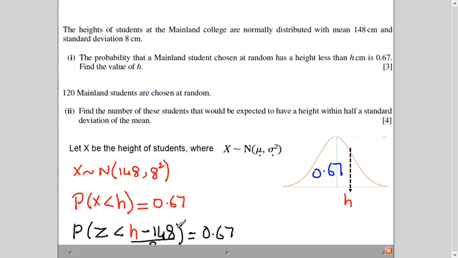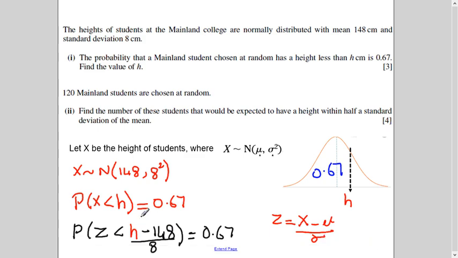And if you remember, the formula was z equals x minus mu divided by standard deviation, right? Whenever we change into the standard normal variable z, we use this formula. So this is my x value, this is my mean, and this is my standard deviation, which is 8.